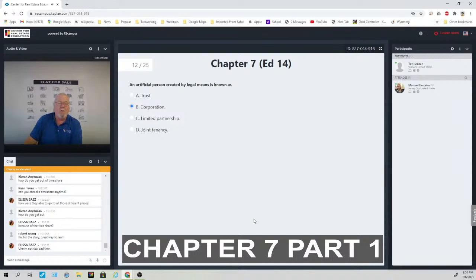Correct. Number 13, the 4 unities required to create a joint tenancy in New Jersey include all the following, except which one's not in there?